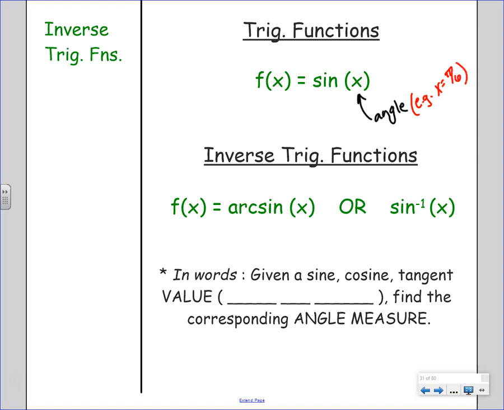You put in an angle, like pi over 6, and you get out a ratio, which technically does stand for opposite over hypotenuse for a right triangle. If you put in pi over 6, you should get out 1/2 for sine. So you put in an angle, pi over 6, you get out a ratio, 1/2. That's how trig normally works. But with inverses, since everything is switched, instead you're putting in for inverses.